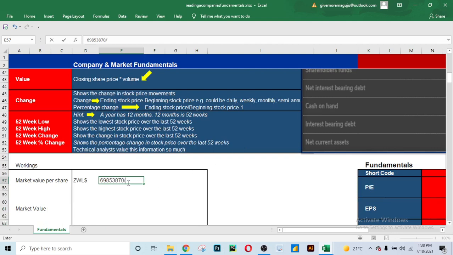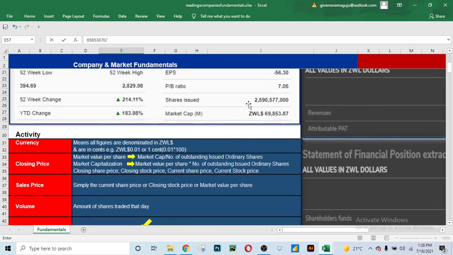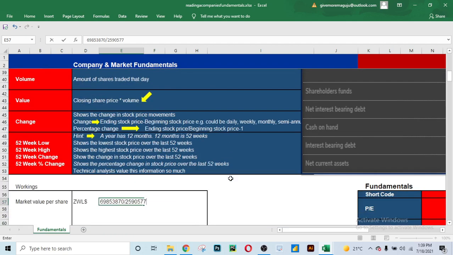And then I'll say divided by the shares issued here, the number of outstanding common stock, which is 577. Perfect. Let's just press OK here.